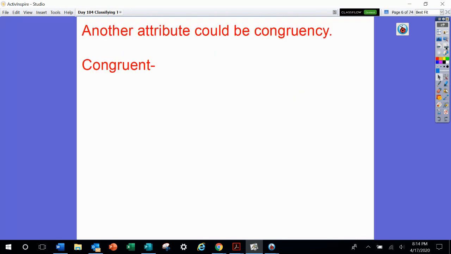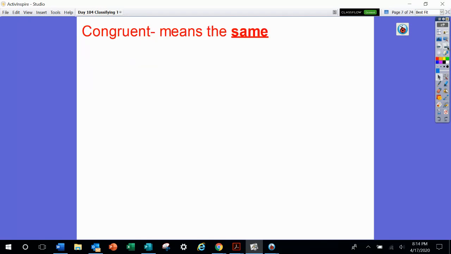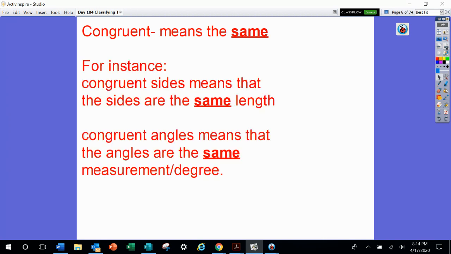Okay, another attribute is congruency. Everyone say this word congruent with me. 3, 2, 1. Congruent. You're filling in this definition in your notes. Congruent means the same. Repeat after me. Congruent means the same.